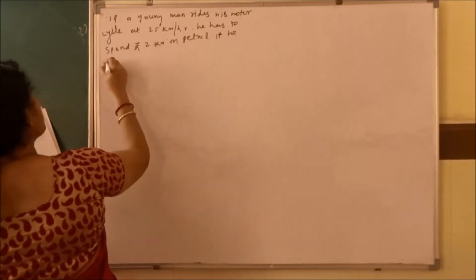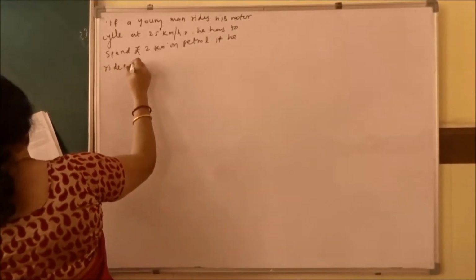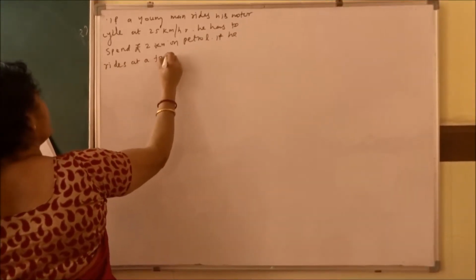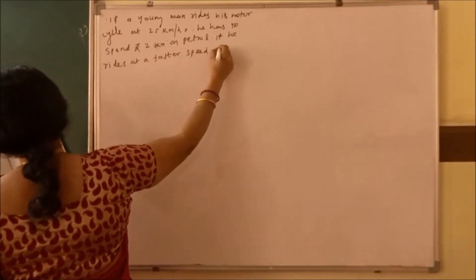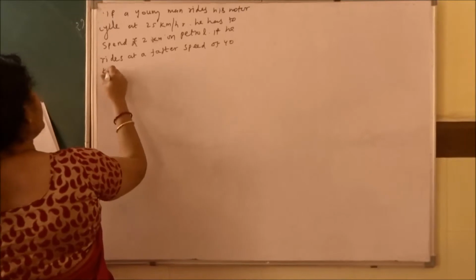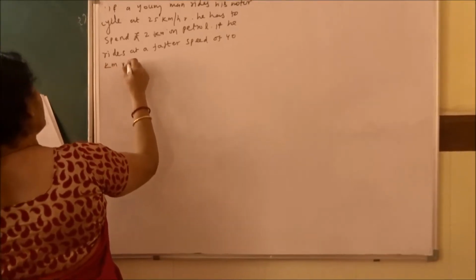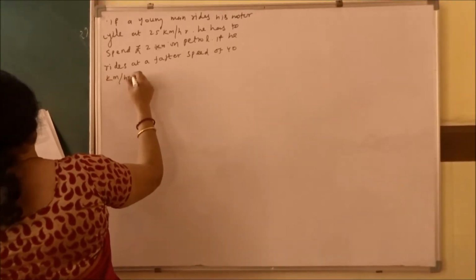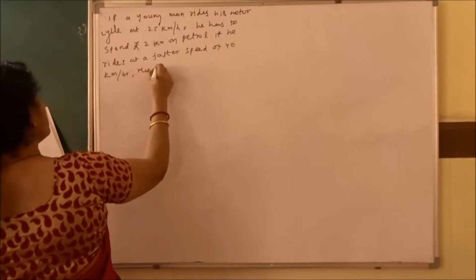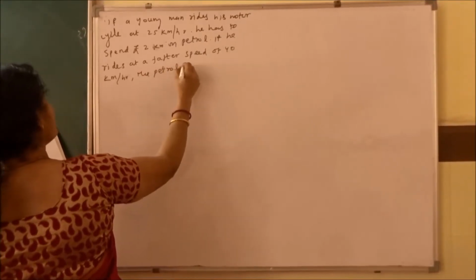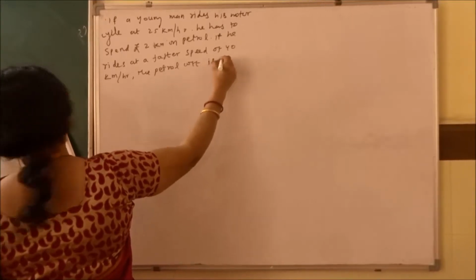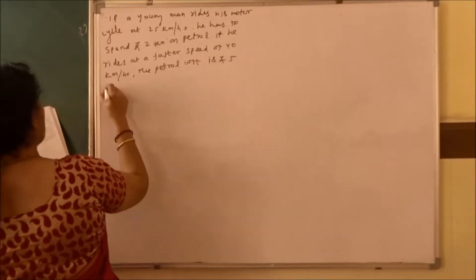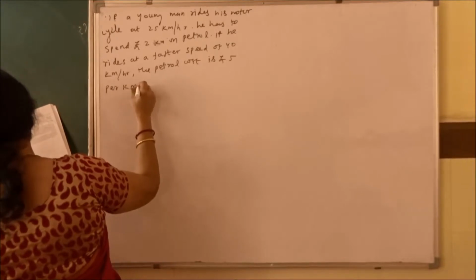If he rides at a faster speed of 40 km per hour, the petrol cost is rupees 5 per kilometer.